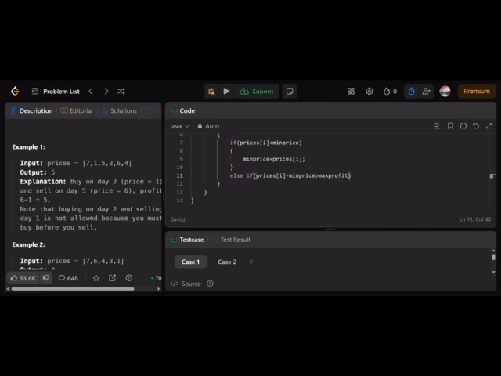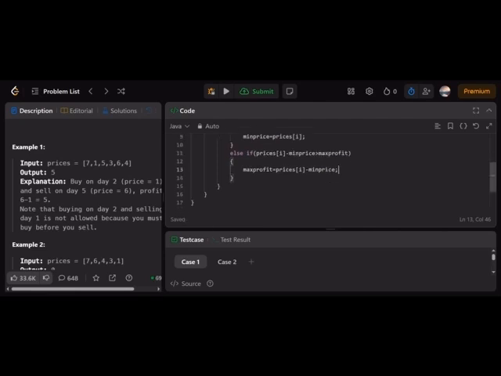If it is, then we will update the max profit with whatever we subtracted, prices of i minus min price. Then that's it. You just need to return the max profit.